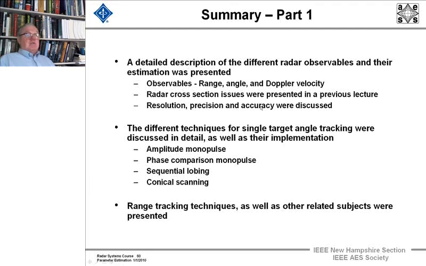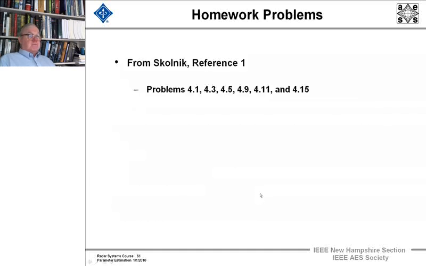And resolution, precision, and accuracy were discussed. And then we looked in detail at a number of different angle tracking techniques: amplitude monopulse, phase comparison monopulse, sequential lobing, and conical scanning, and range tracking techniques were also presented. And this is a summary for part 1.